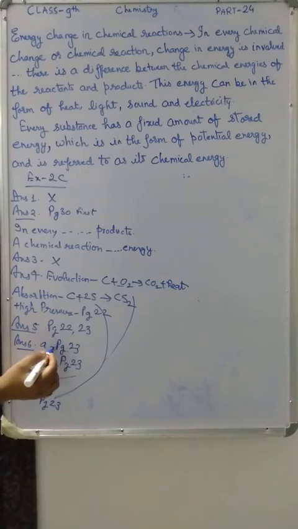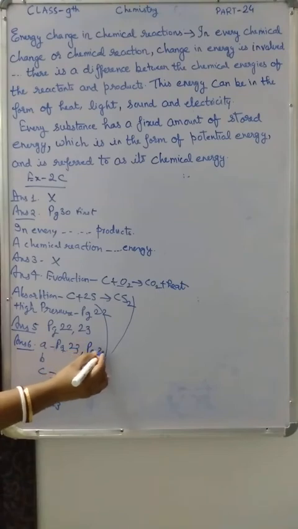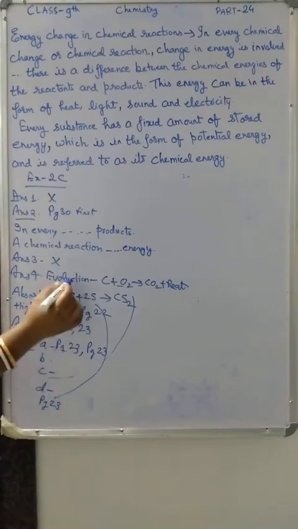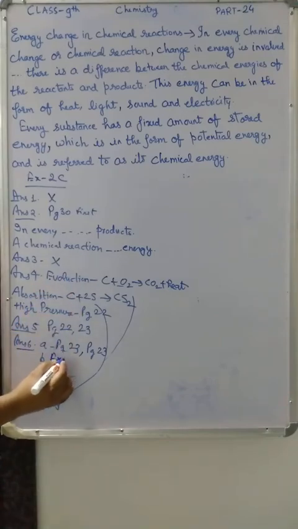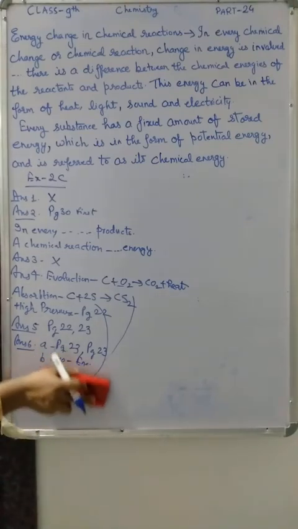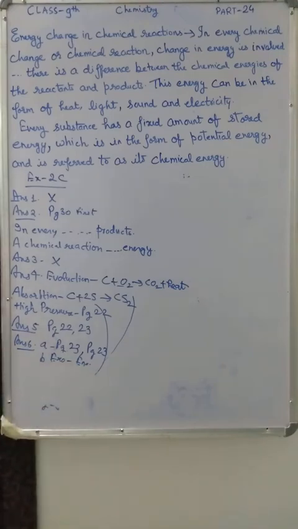Okay, this one is A, these both are in page number 23, you will get both. And for B you have to write one exothermic reaction and one endothermic reaction. And for C, a reaction where color change is noticed, you will get in page number 23.